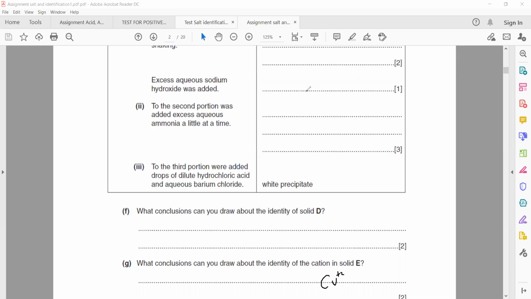So you have a week to memorize all these tests. Tomorrow you will solve some more examples related to salt identification, and you can use the table to answer the questions. But I want you to go through the table, and if any one of you neatly copied this, better share the picture on the group so it will be convenient for everyone.